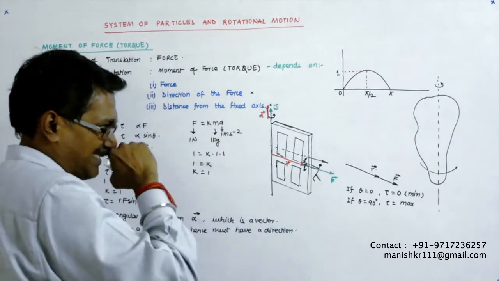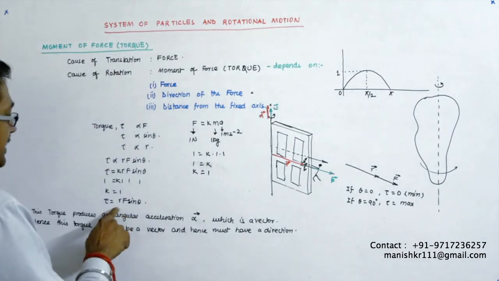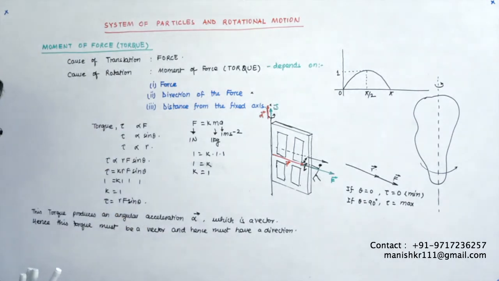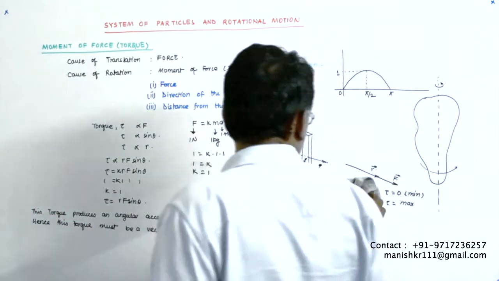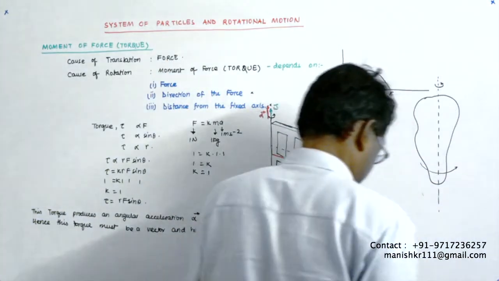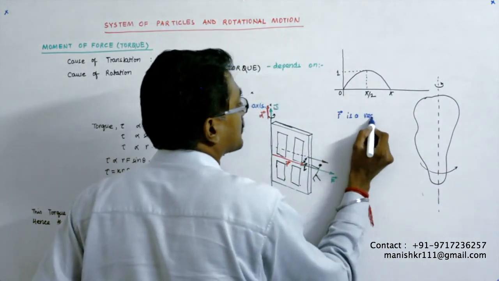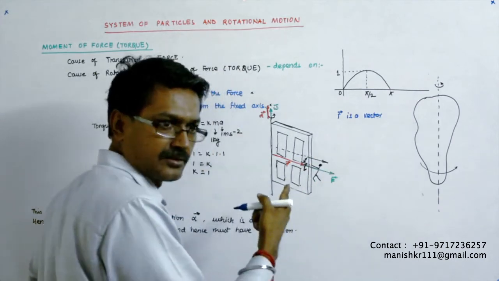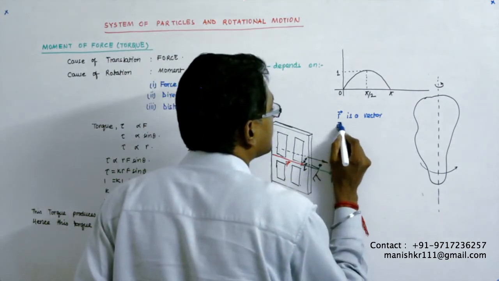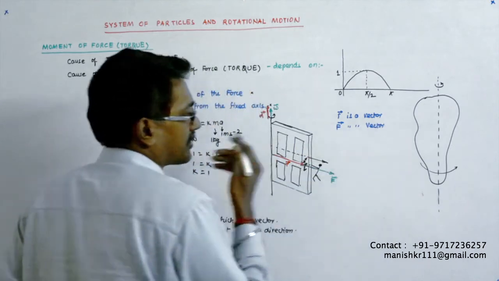Now try to think. R F sine theta is the magnitude of the torque. Does it remind you of something? R is a vector, the position vector. F is a vector.